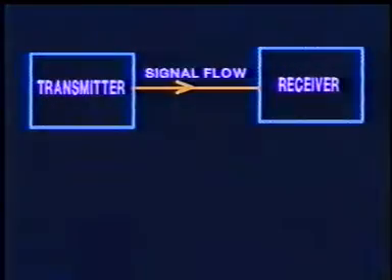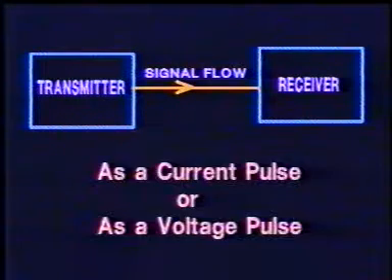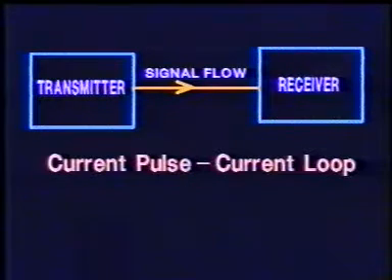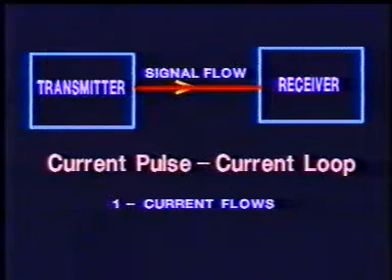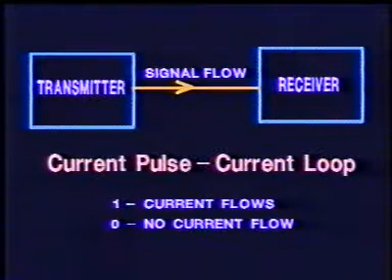On the transmission line, the signal could be transmitted by two ways: as a current pulse or as a voltage pulse. The current pulse method is known as current loop. For a logical 1 level, current flows through the line, and for a logical 0 level, no current flows.